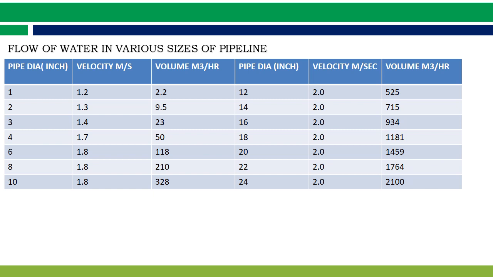I have calculated flow in meter per second and the corresponding volume in cubic meter per hour. Suppose pipeline dia is 1 inch, velocity will be 1.2, volume will come 2.2 cubic meter per hour.